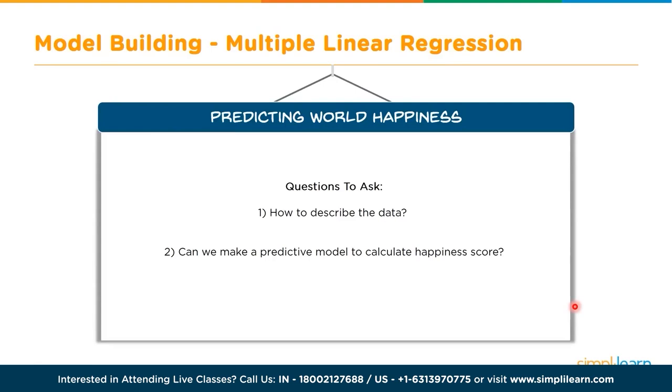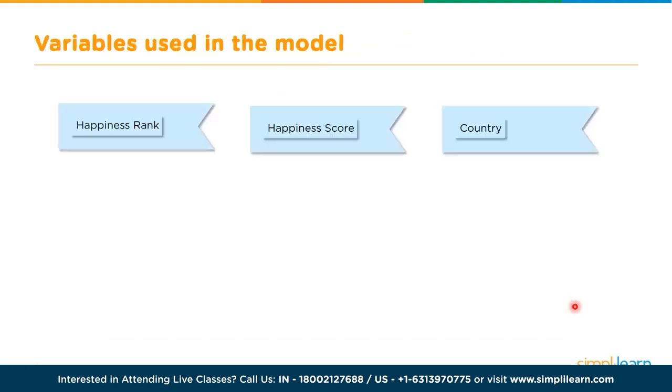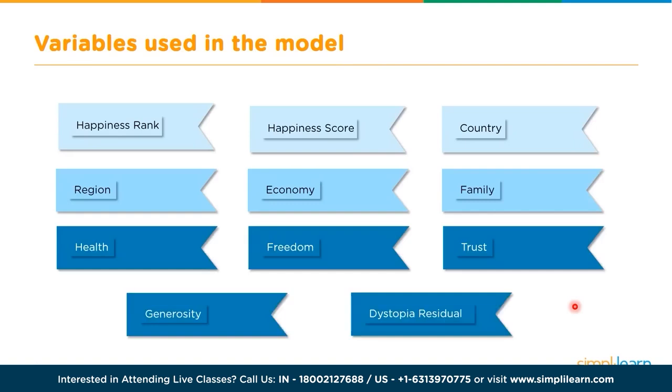So what is the question that we need to ask? First of all, how to describe the data, and then can we make a predictive model to calculate the happiness score? Based on this, we can then decide what algorithm and what model to use. This is a list of variables that are available. There is a happiness rank.